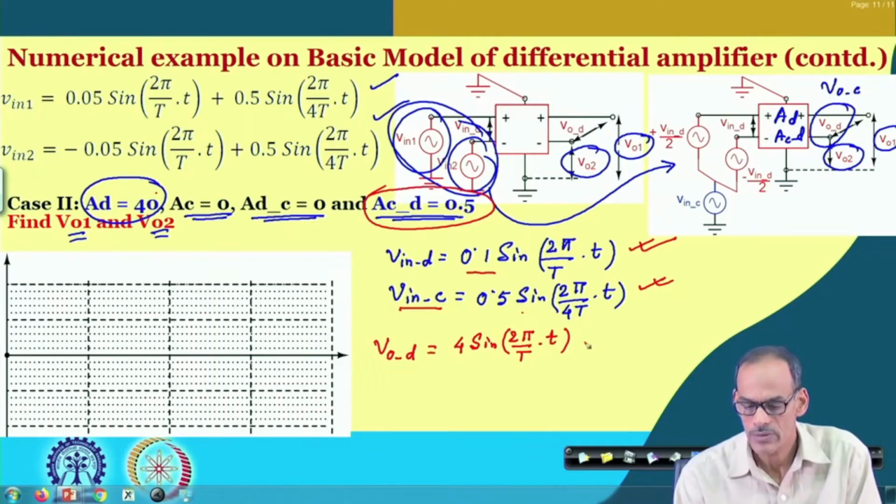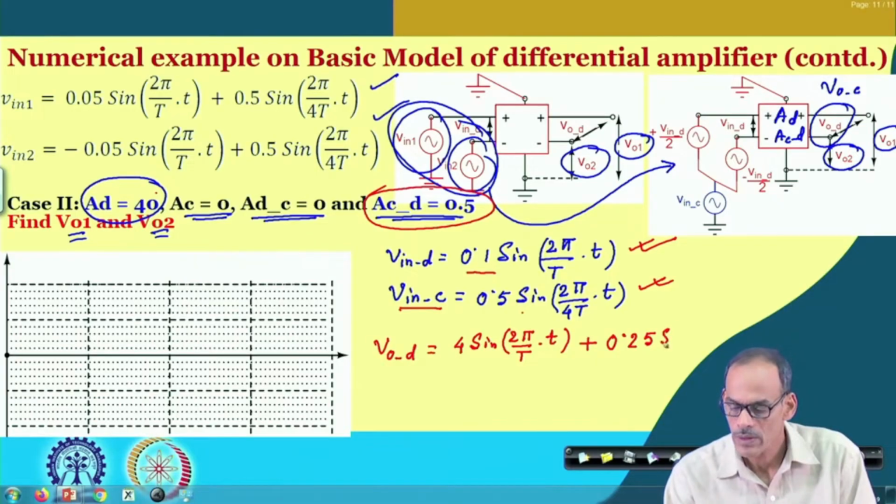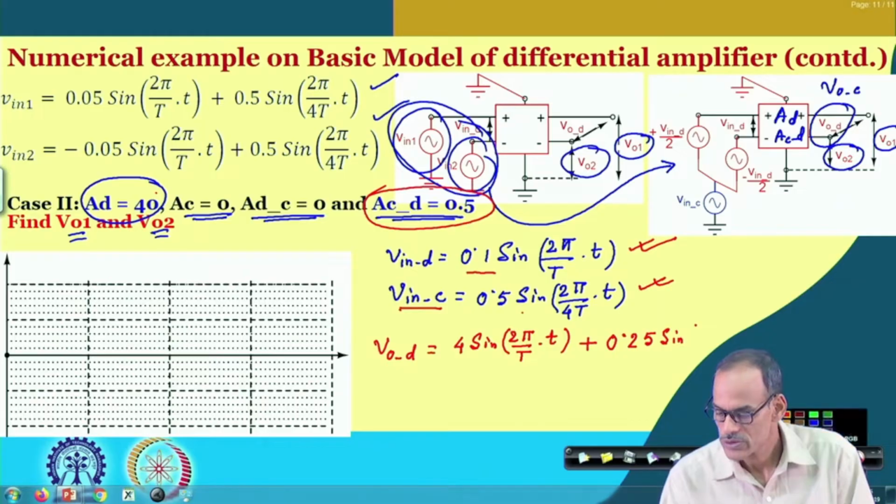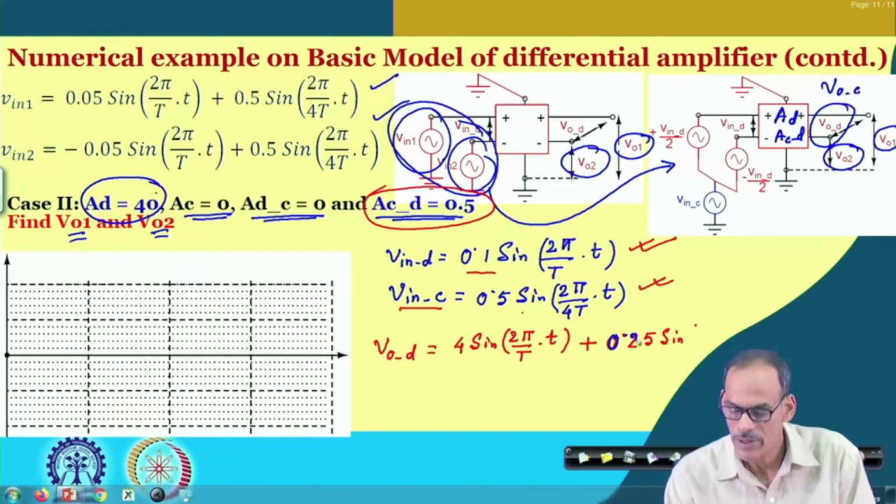That is giving us plus 0.25 sin 2 pi by 4T into t. I should use a different color just to show that this is the unwanted part, the common mode part essentially.